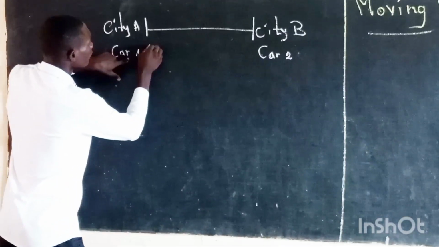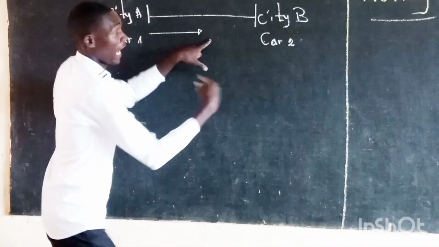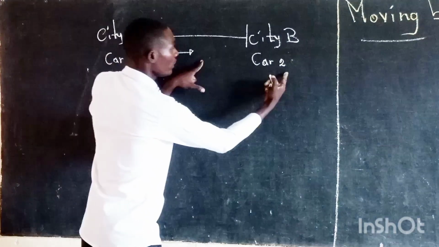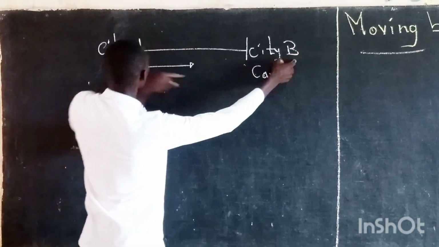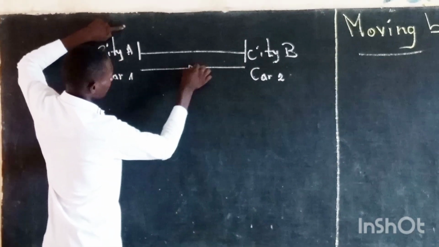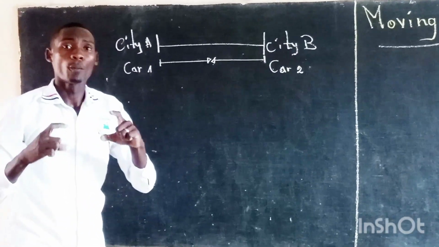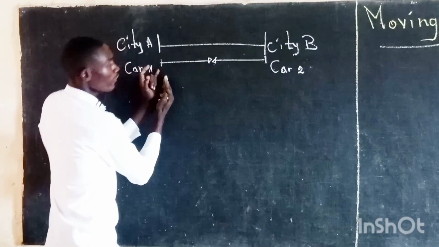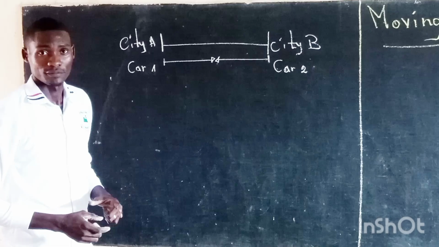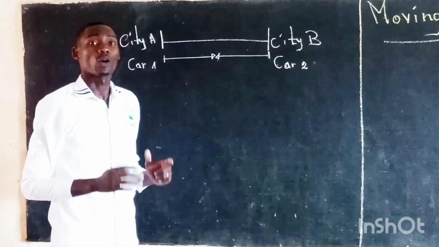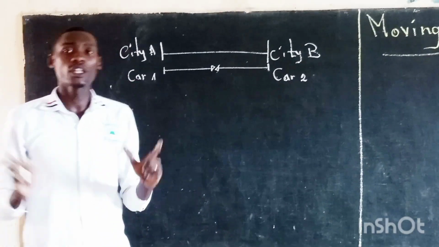Car A is going to move from city A to city B. And at the same time, car B is also going to move from city B to city A. So, it means that in this circumstance, two moving bodies are now moving towards each other. According to this observation, it is what we are going to focus on, it is what we are going to see today. Very nice.